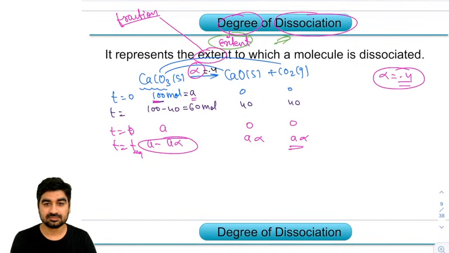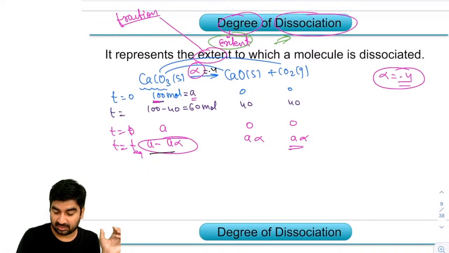Got it, guys? Any doubt? So here you can say A minus A alpha.